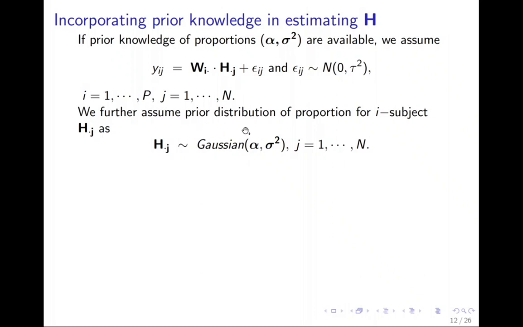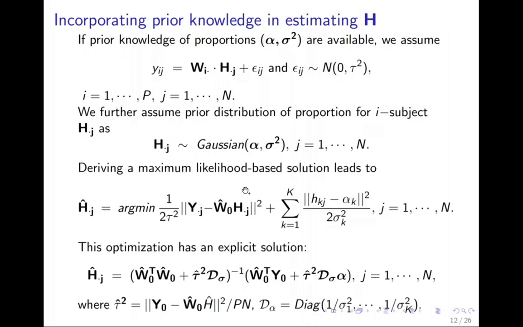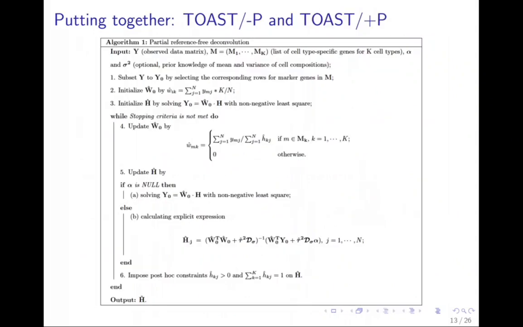We impose a prior distribution for the cell composition of each cell type, and then we derive a maximum likelihood-based solution, which actually has an explicit solution, making the computation very efficient. So putting our algorithm together, our method consists of two parts.